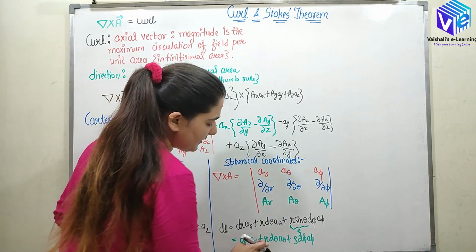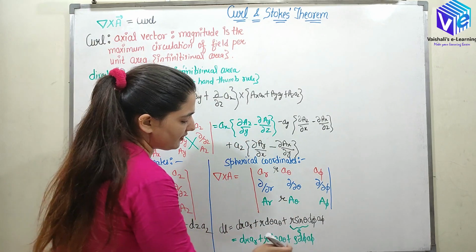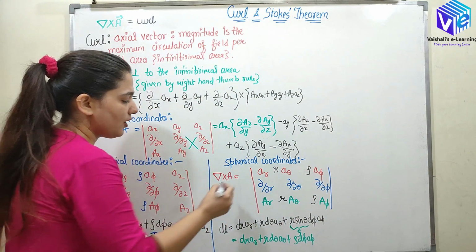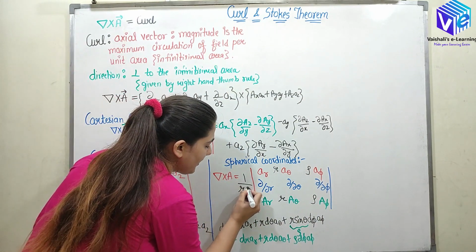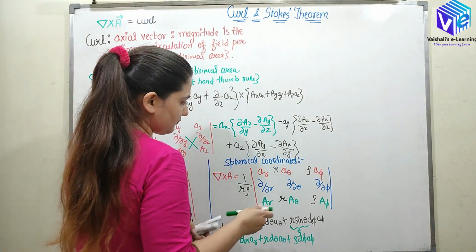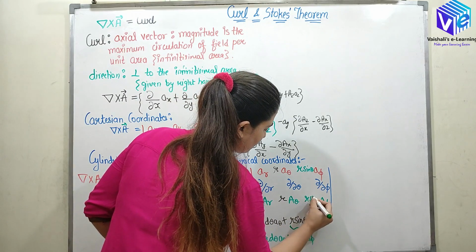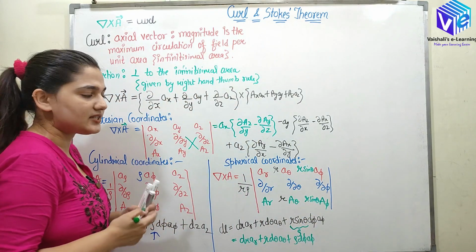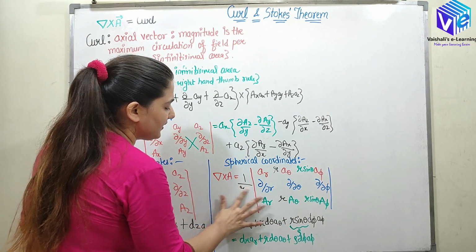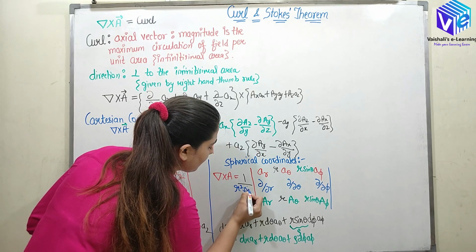Here I had the multiplication of R, so here and here I'll be multiplying with R. Here I had the multiplication of rho, here I'll multiply with rho, and here I'll be dividing by R and rho. Okay, so now what is rho? Rho is r sin theta. So now here I replaced rho as r sin theta, so here I'll be having r square sin theta.